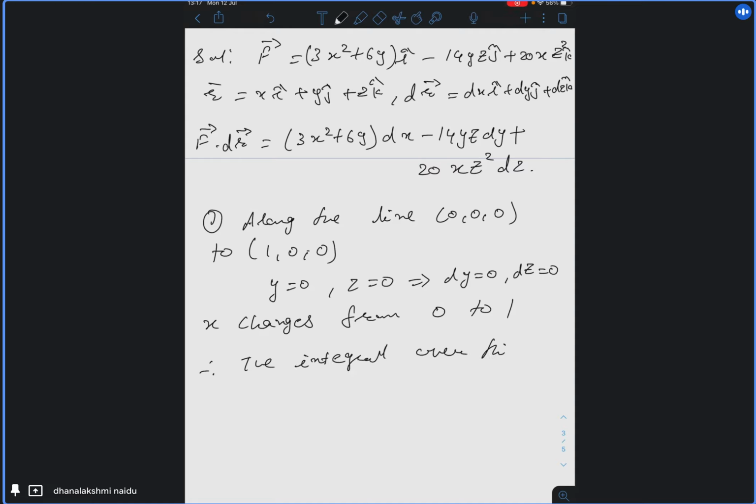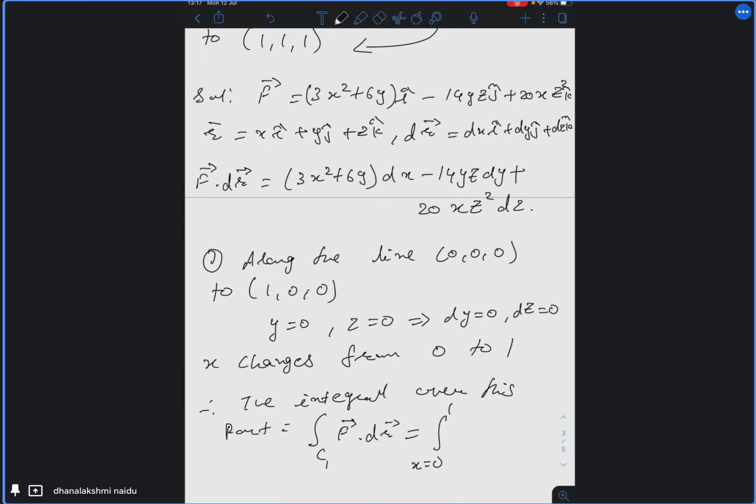So the integral over this part, C1, of F bar dot dr bar will be equal to the integral with x from 0 to 1. We have already calculated F bar dot dr bar, it's here in the box.